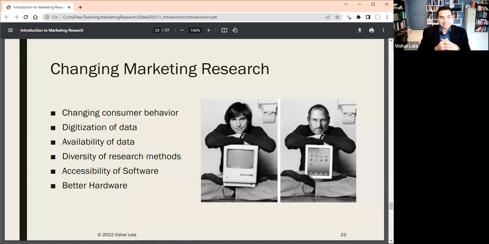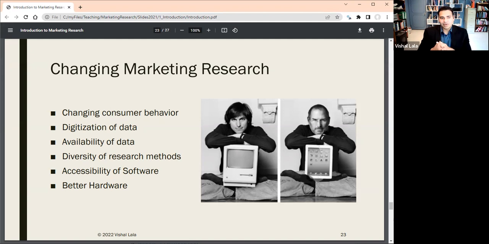We're seeing, as far as data is concerned, a huge movement in the direction of digitization of data. A lot of the data being gathered right now is gathered automatically. Much of it is online. Much of it is enabled by devices that track data automatically. We're seeing much more data being available than before.